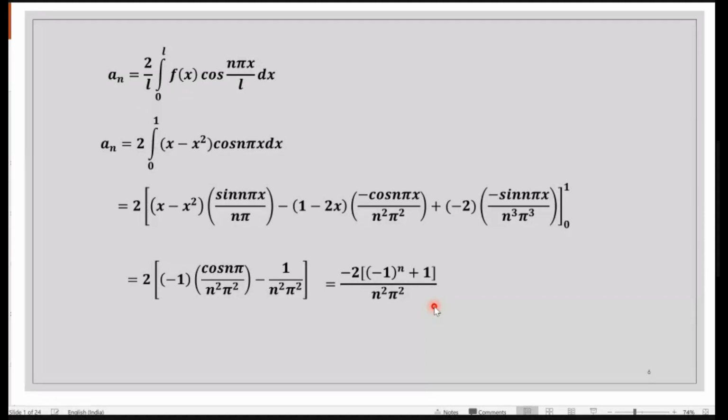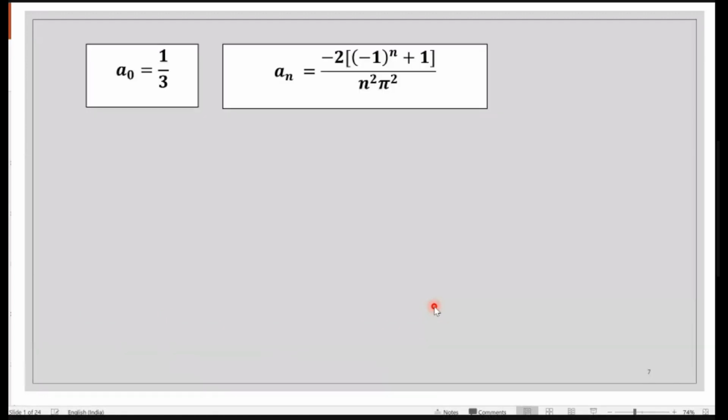Substituting in the f of x formula. Substituting in f of x, a0 we have 1 by 3, an is equal to this.